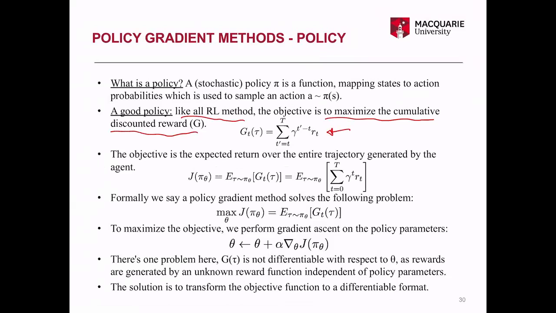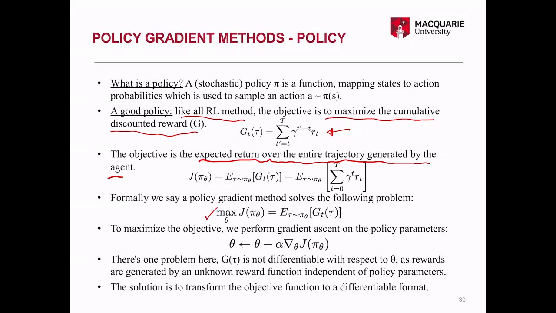The objective is the expected return over the entire trajectory generated by the agent, and we're trying to maximize it. The more reward you collect during a trajectory or in an episode, the better. That's the general goal of all reinforcement learning methods.